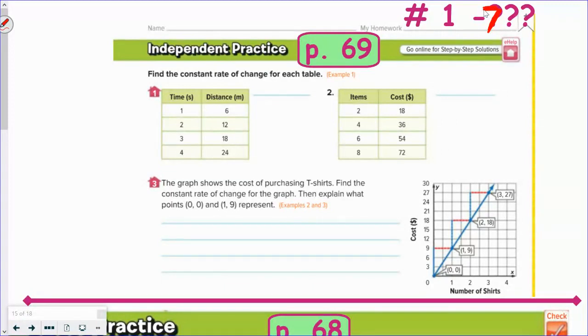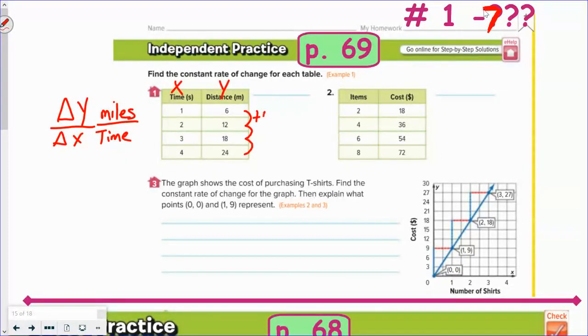So make sure you're looking at how are they changing. Remember, X is always on the left, Y is always on the right. You want to find your change in Y over your change in X. So my change in miles over my change in time. How are we changing each time we hop?